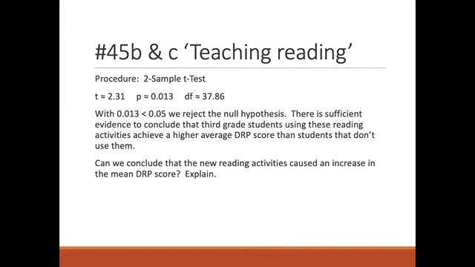So with this low p-value, 0.013, that's less than 5%. This is an unlikely outcome, so we do reject the null hypothesis, and then you should write about your alternative hypothesis. So this last sentence is about what we believe now we may have evidence for. So there is sufficient evidence to conclude that third grade students using these reading activities achieve a higher average, a higher mean DRP score than students that don't use them.